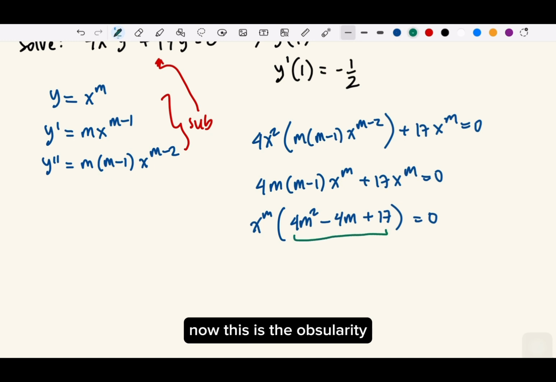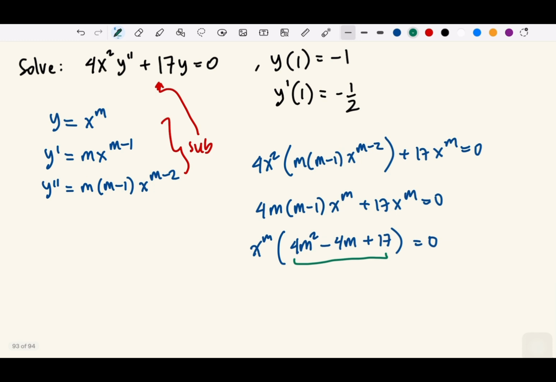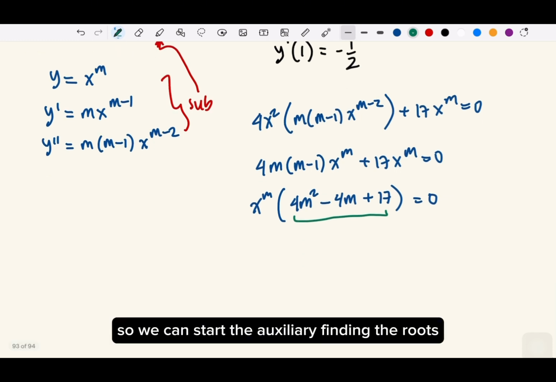This is the auxiliary. So we can start on the auxiliary, finding the roots.